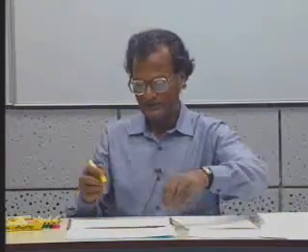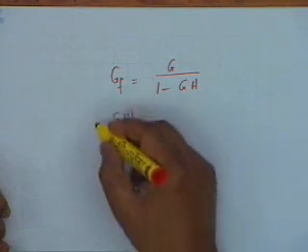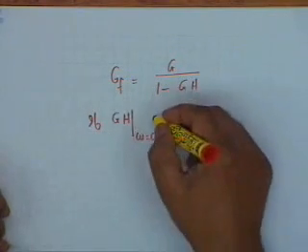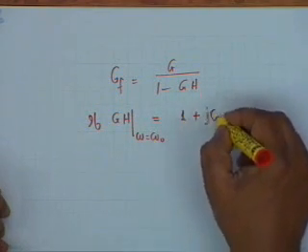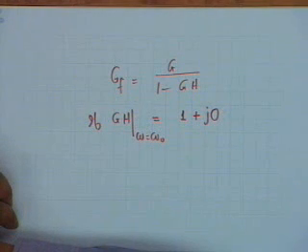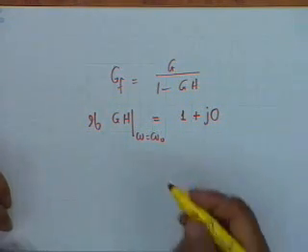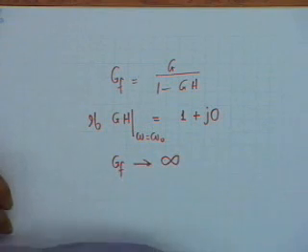In either case, if at some frequency, let us say omega equal to omega 0, GH is equal to 1 plus J0, that is, if GH has a magnitude of 1 and an angle of 0 at some frequency, what do you think shall happen to GF? It shall go to infinity.